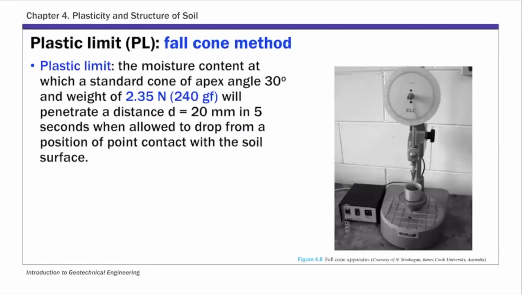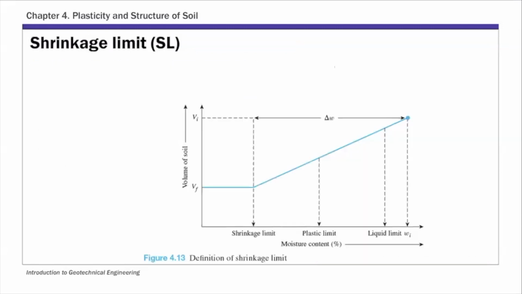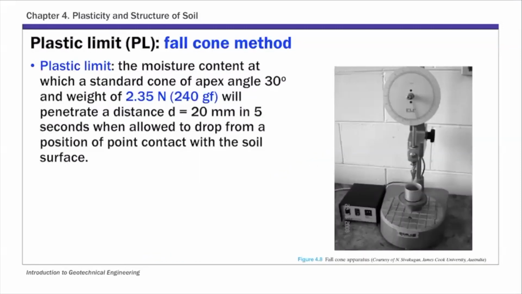So I'm going to skip this. This is very similar to the liquid limit. So you can use fall cone method to determine plastic limit. Very similar process. The only difference is the weight of the cone is slightly higher, slightly bigger for plastic limit test. So it's a very similar process.